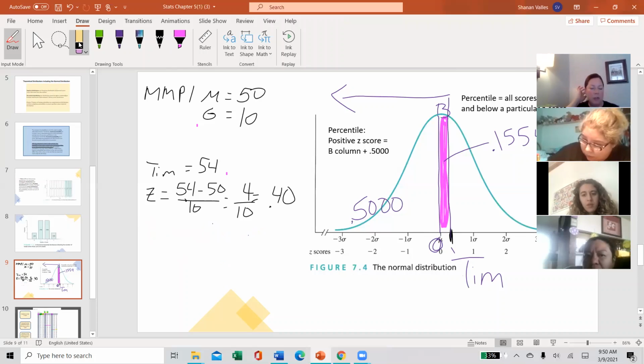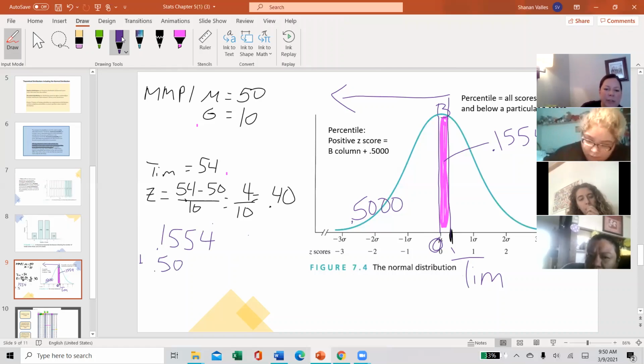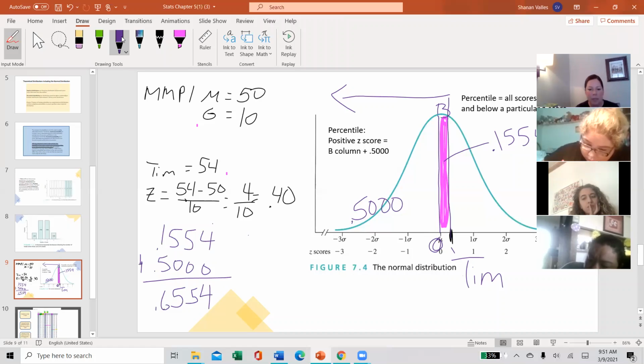So for a positive, we're always going to add what's in the B column plus 0.5000. For this example, we get 0.1554 plus 0.5000. You just add those up, and we get 0.6554.